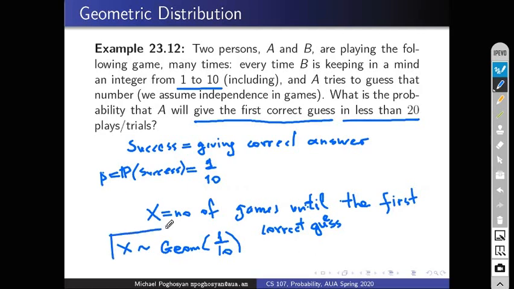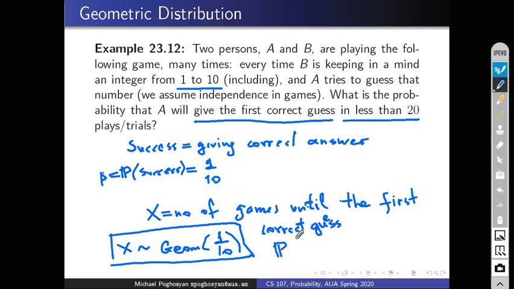So this is that important part. So we have modeled our problem by using our well-known geometric probability. So the number of games until the first correct guess is geometric with probability of 1/10.